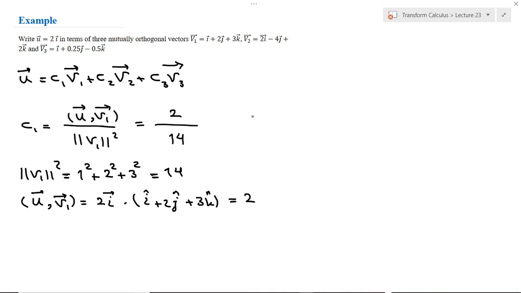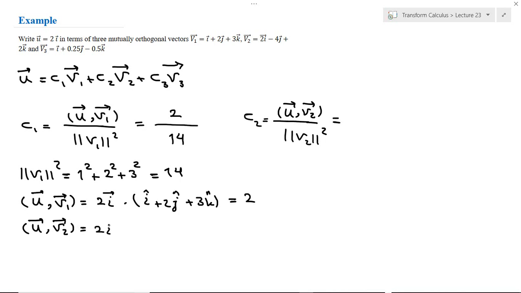If you want to find C2, it is equal to the inner product of U and V2 divided by the magnitude of V2 squared. The inner product of U and V2 is the inner product of 2i and 2i minus 4j plus 2k, so it's equal to 4.